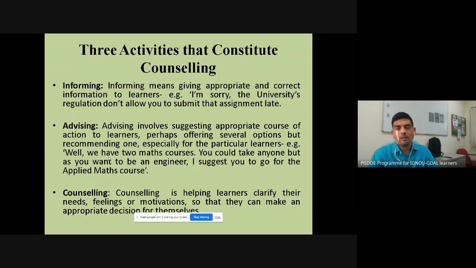Then suggesting means the institutions, the counselors or the tutor should be in a position to suggest the best possible option, the one which suits the learner.